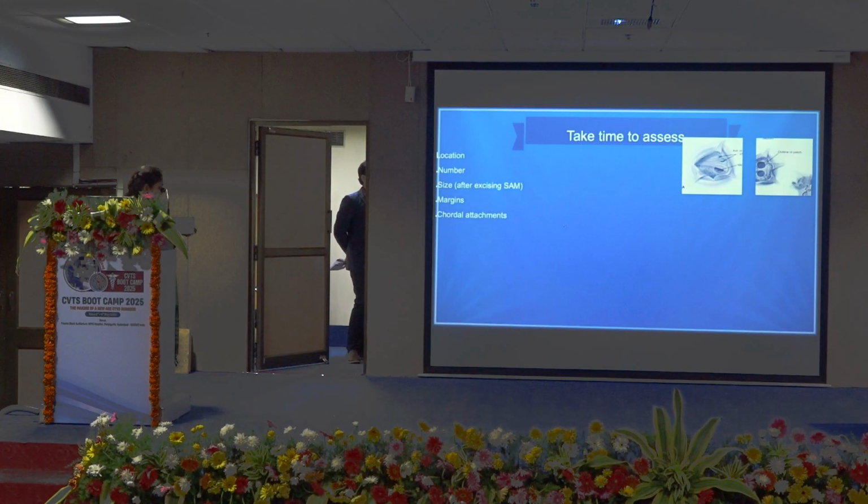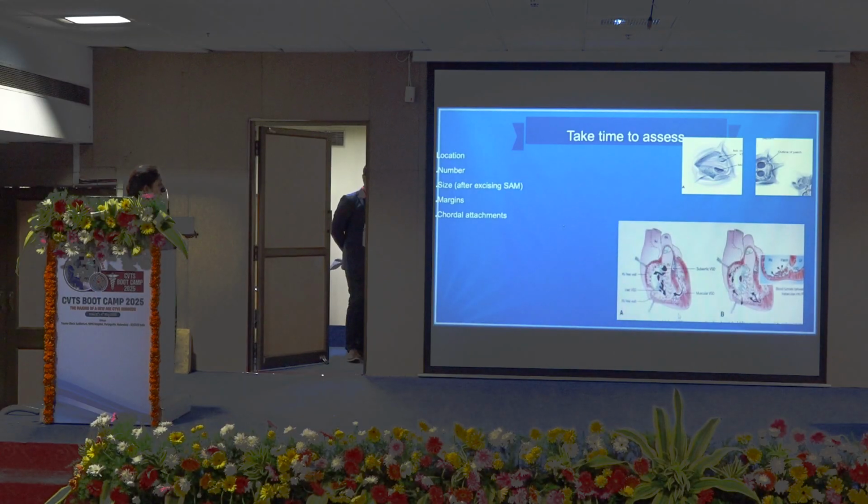And regarding the margins, you sometimes have more trabeculations on the margins of the VSD, like in this picture, and this can happen with any of the VSDs, like subaortic VSDs, inlet VSDs or muscular VSDs.